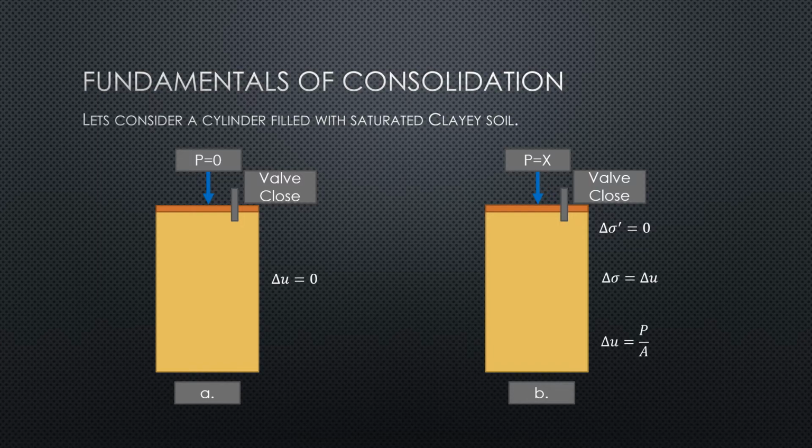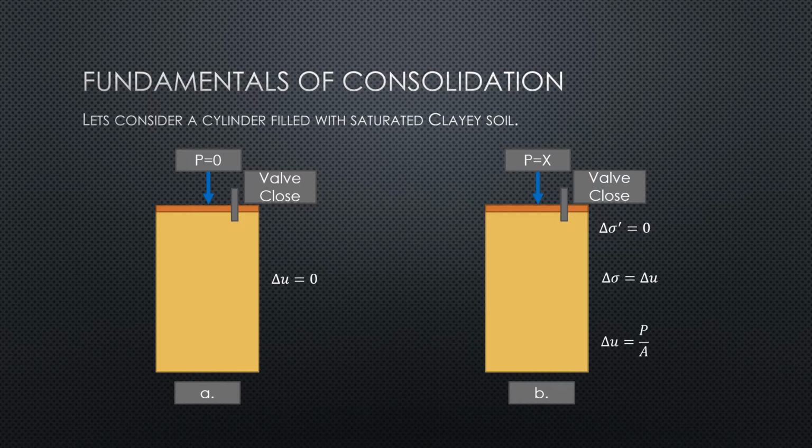As you can see in figure A, P is equal to 0. P is the load applied to the plate, and the valve is closed. So the pore water pressure, represented by delta u, is equal to 0.